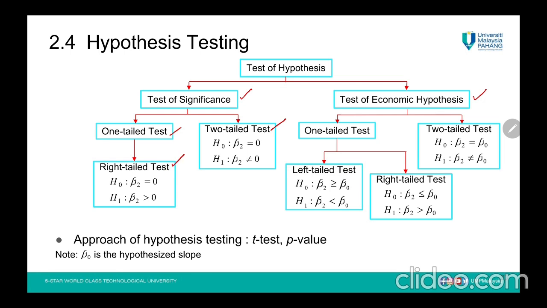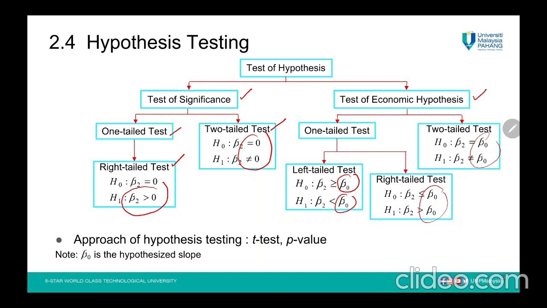The right tail test is used when we want to check the positive linear relationship between variables, while the two-tail test is used to check the existence of linear relationship between variables. In the test of economic hypothesis, beta naught here is the hypothesized slope.